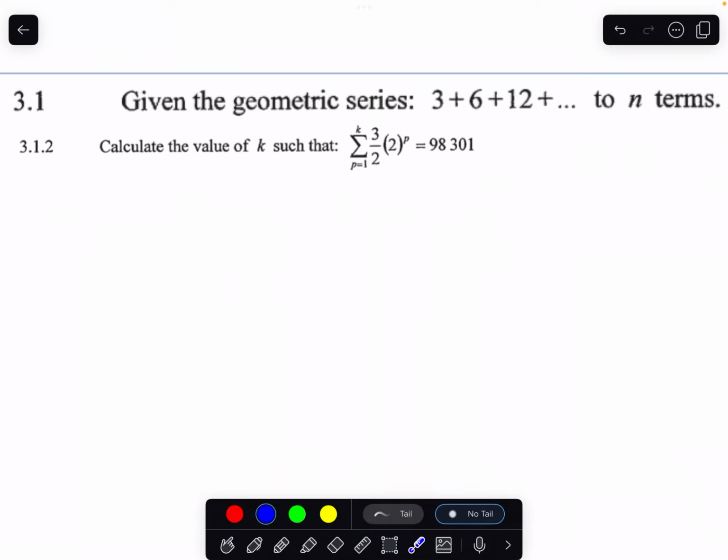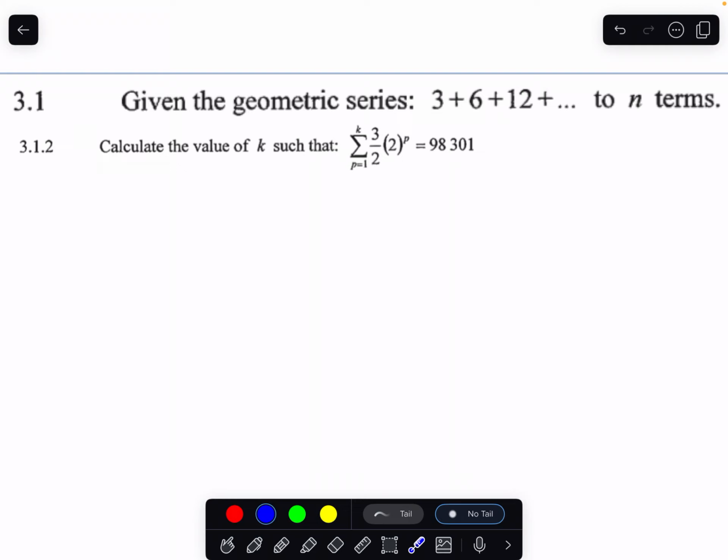Next question says, calculate the value of k such that the sum of 3 over 2 times 2 to the p, from p equal to 1 up until some value k, is equal to 98,301.